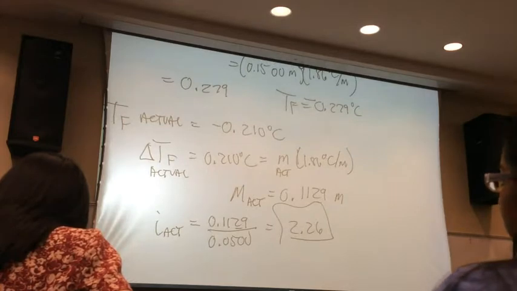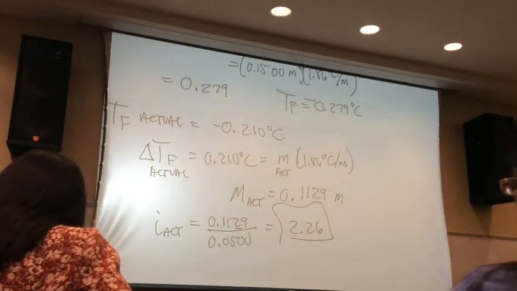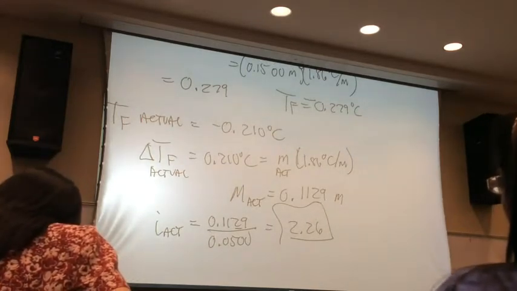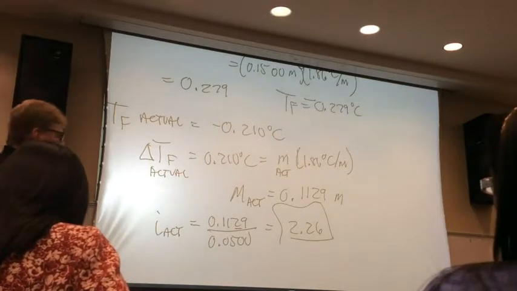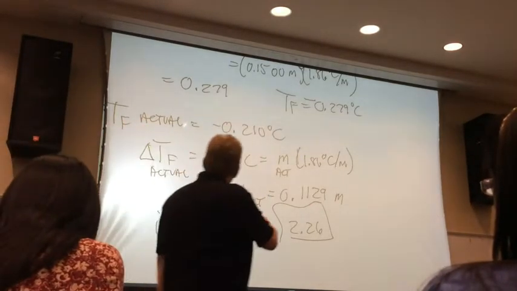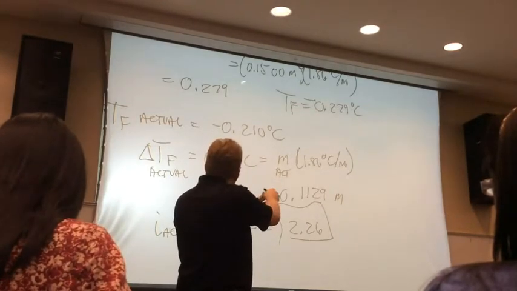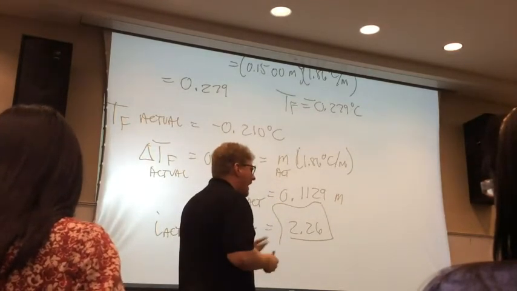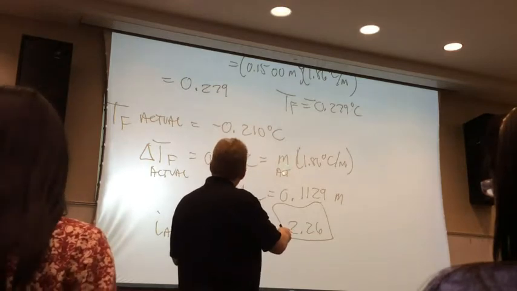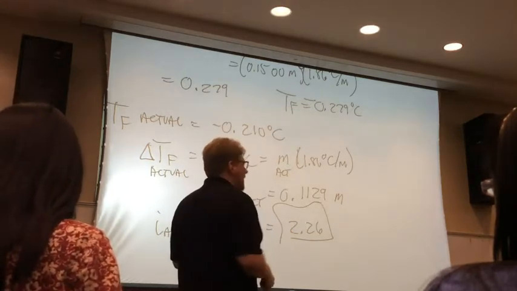So it didn't dissociate completely. If it had dissociated completely, your I would be 3, and your delta T would have been 0.279. But it wasn't. So an actual delta T that you measure gives you an actual molality, which you can then relate to what you made up to get the I.